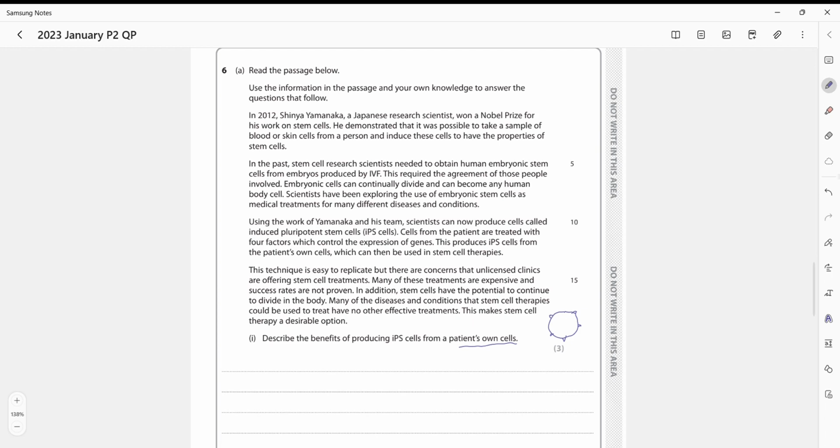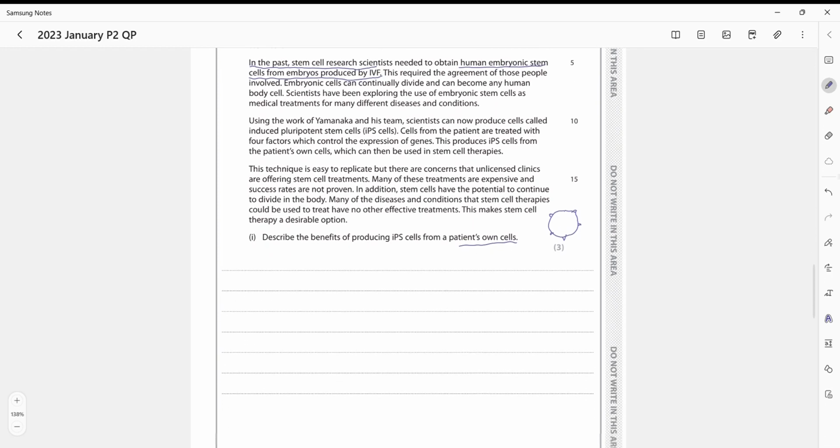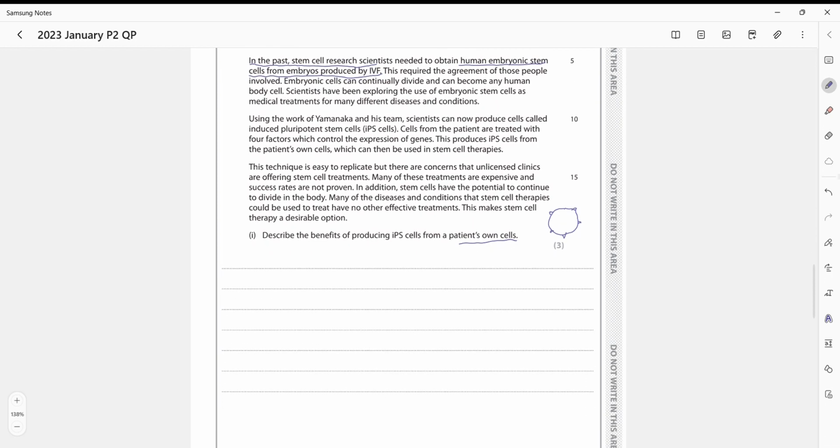Another advantage of using iPS cells you can see in the second paragraph. It says, in the past stem cell research, scientists needed to obtain human embryonic stem cells from embryos produced by IVF. So if you use iPS cells, then you wouldn't need to use human embryonic stem cells for your research. Let's write that down. Let's talk about the rejection first.